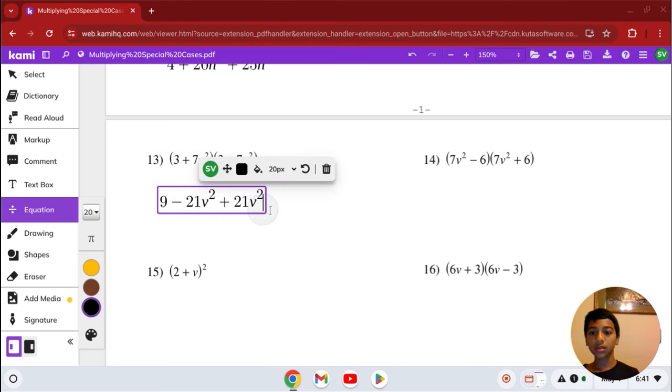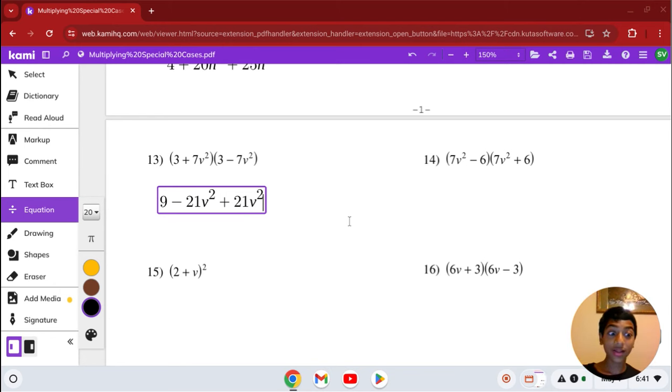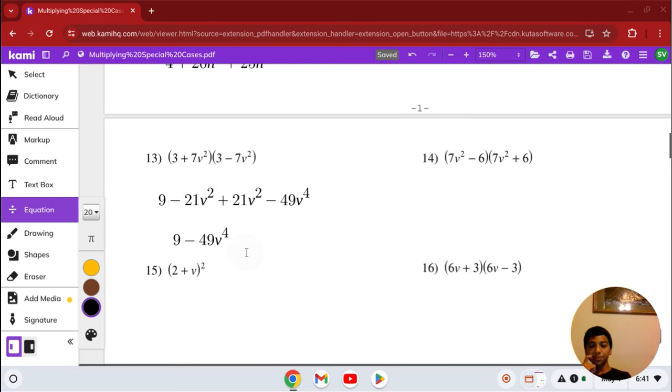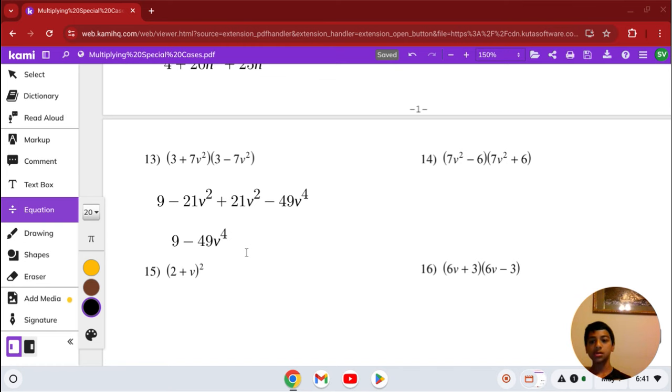And finally, 7v squared times negative 7v squared is negative 49v to the fourth power, which actually simplifies to 9 minus 49v to the fourth, which is our solution in number 13. If you notice here, why is it not 9 plus 49v to the fourth? Negative 21v squared plus 21v squared is 0, so that negative sign also cancels out, and we're just left with that negative sign over there.